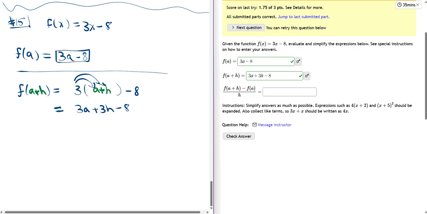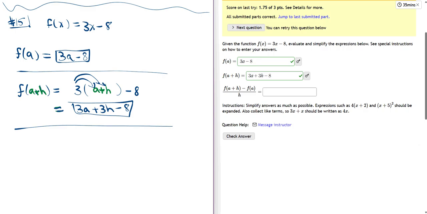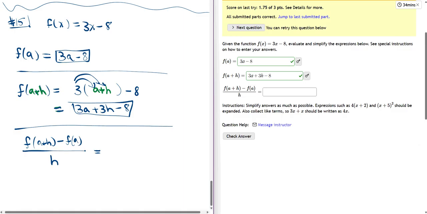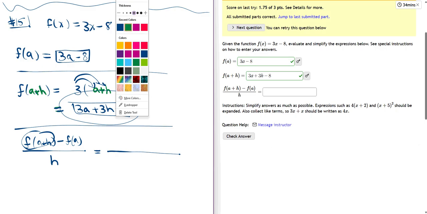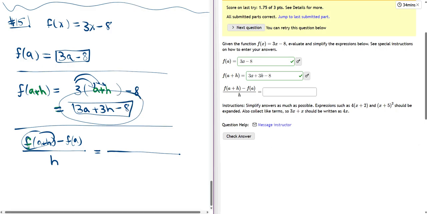Okay, so yeah, that's that. Then we have f of a plus h minus f of a, and all of that over h. So this part right here is that, right? So I'm going to rewrite that. F of a plus h is all of that.